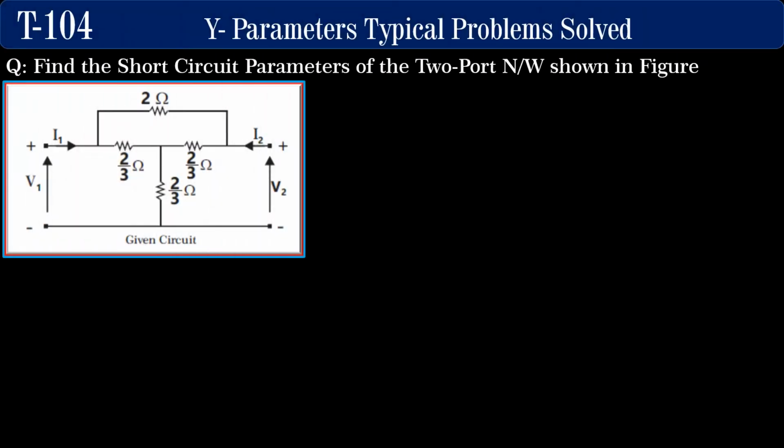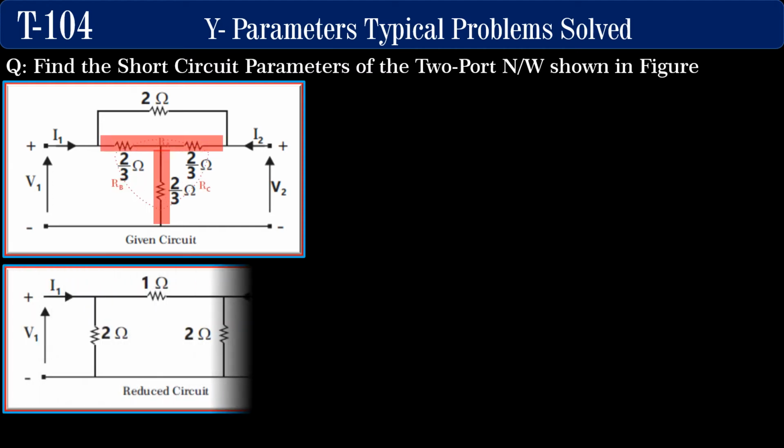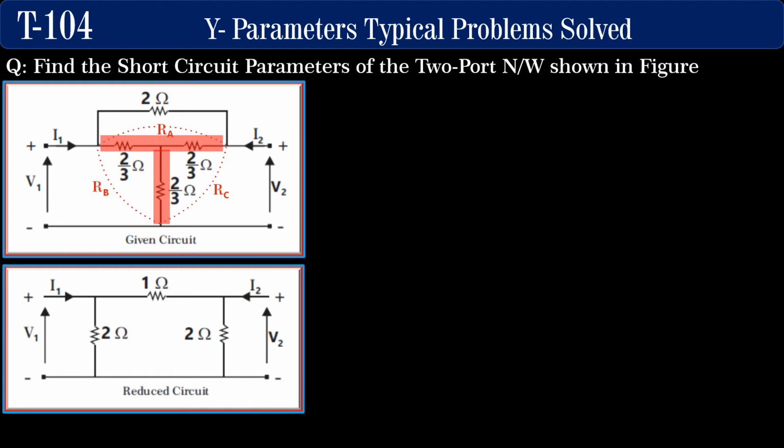Friends, we have solved this problem by a different method earlier and found the Y parameters. In that procedure, we converted this star network into a delta network and reduced the network into a pi network. And later, we transformed all these resistances into admittances and wrote the Y parameters.